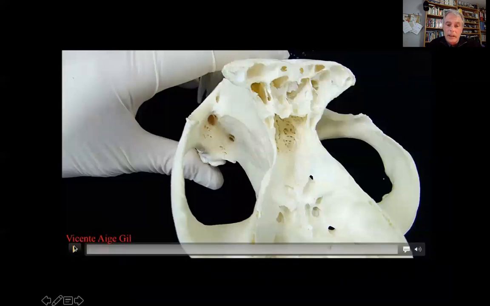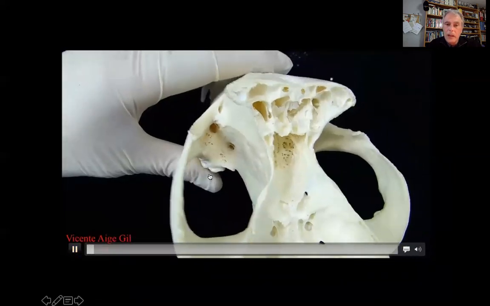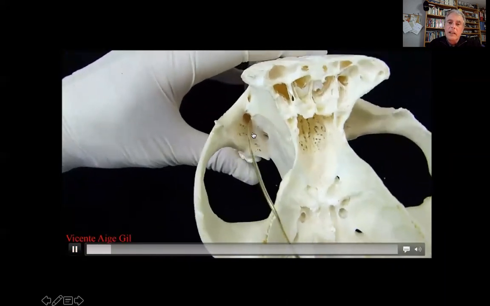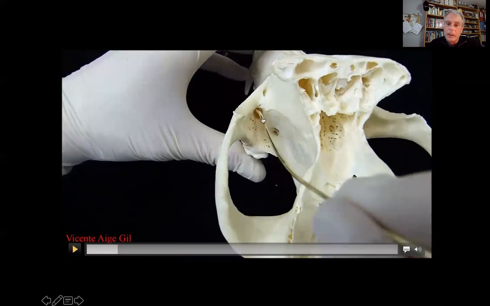Okay, let's have a look in the cranium. First, we are going to introduce the string through the maxillary foramen. You see that there are many foramina here. It's because the caudal superior alveolar nerves branch from the infraorbital nerve and enter through some of these foramina to innervate the caudal superior teeth.